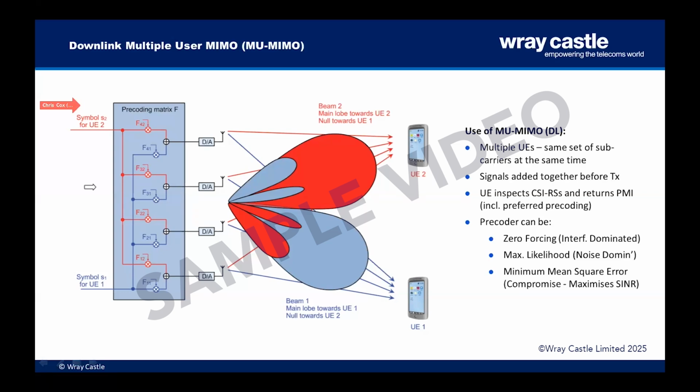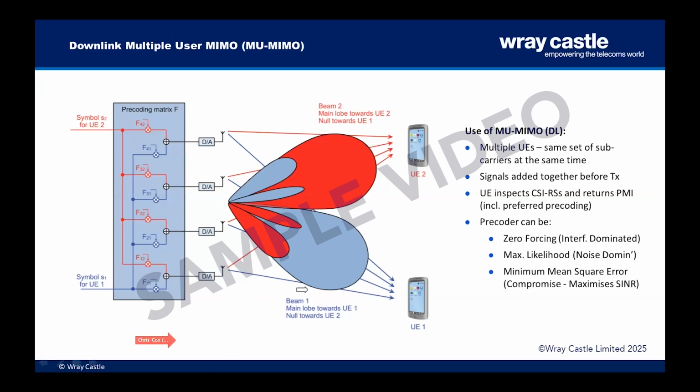And now, the cunning thing that we're going to do is we're going to send these 2 pieces of information on the same radio frequency and at the same time by the simple technique of adding together the 2 transmitted data streams at each antenna, as depicted by these addition symbols here.